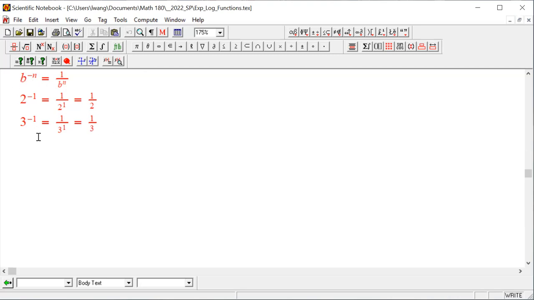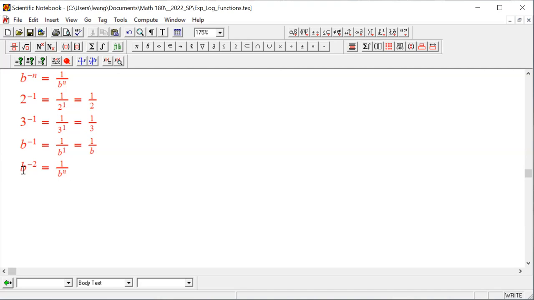In general, if n equals 1, then b to the power negative 1 is just 1 over b. It's just another way to write 1 over b. And you can practice, hey, what if it's negative 2?